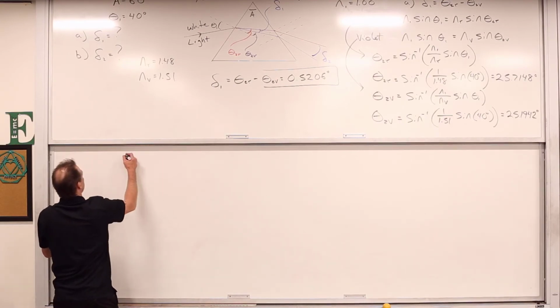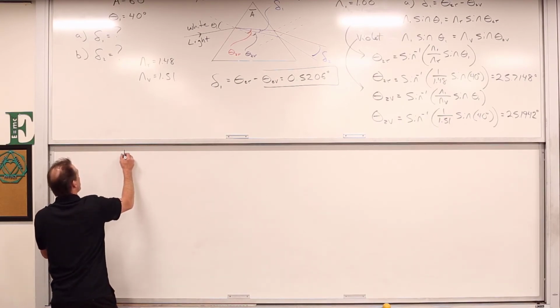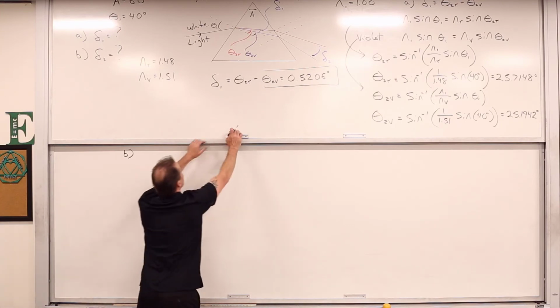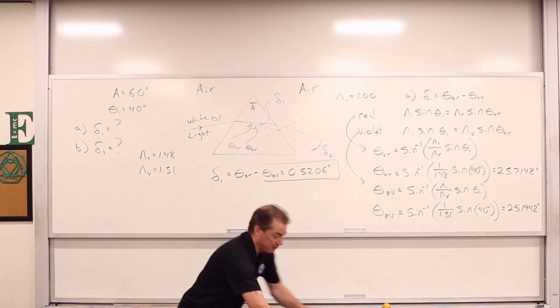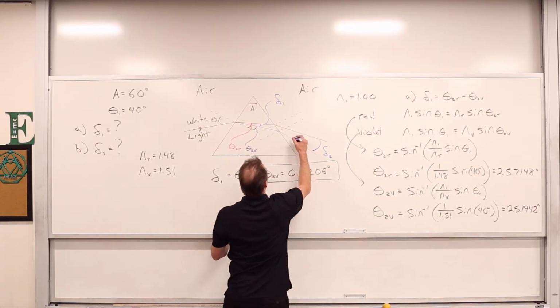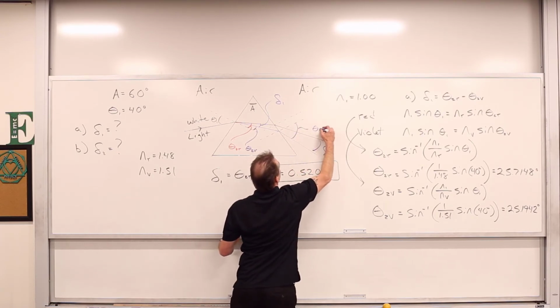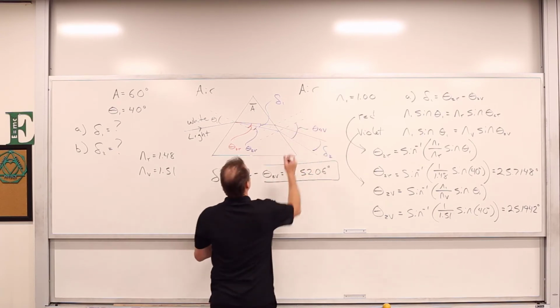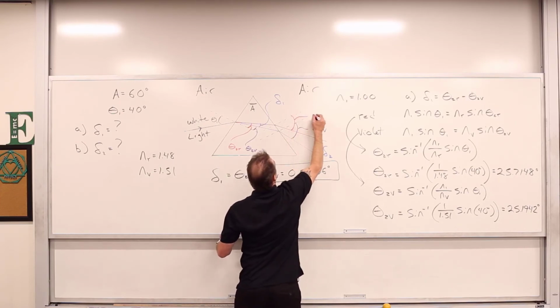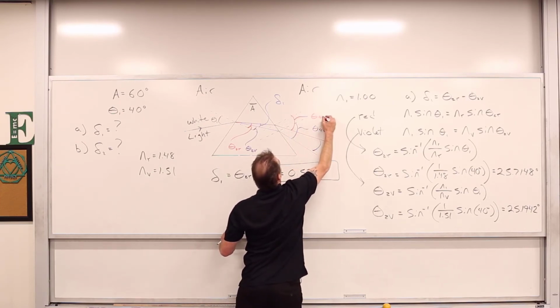So, now we've got part B. Well, let's grind some little things here, just keep things straight. We've got this angle, theta 4 violet. Got this angle, theta 4 red.